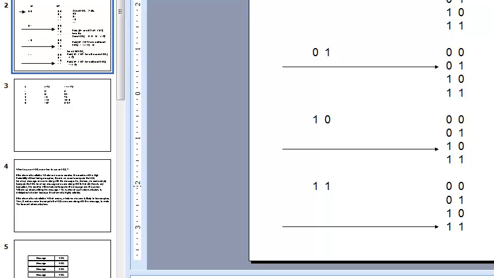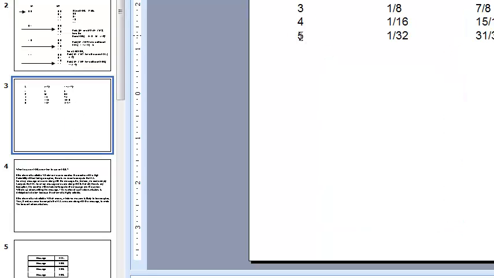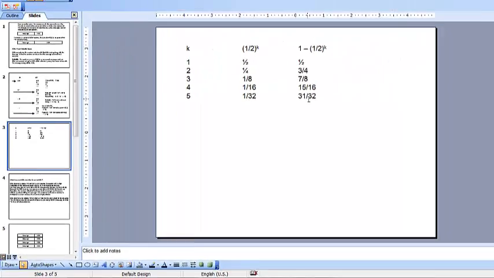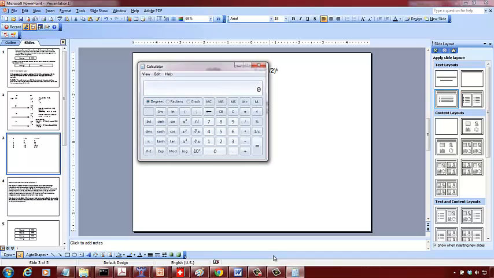So the probability that two different messages have the same error detection code is 1/2 raised to k. If you use k bits for the error detection code, then the probability that different messages have a different error detection code is given by this. If we use 5 bits, for example, then the probability that two different messages have a different error detection code is 31/32, which comes out to be 96.8%.